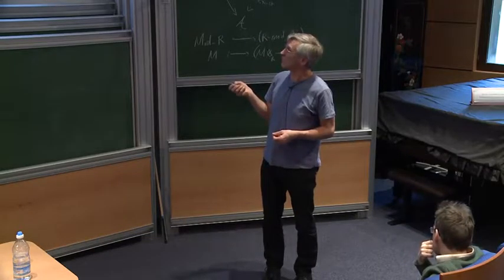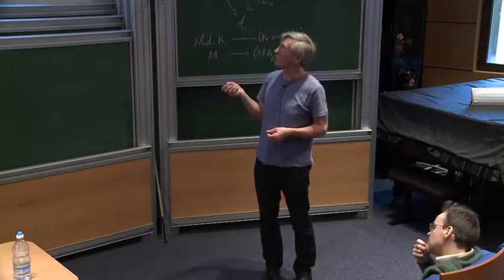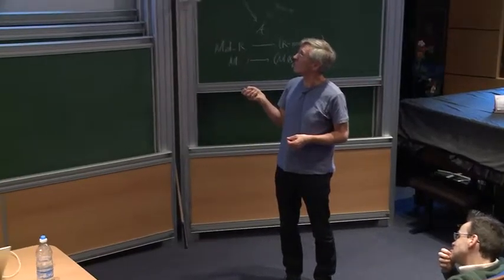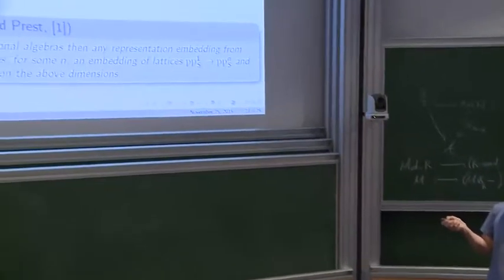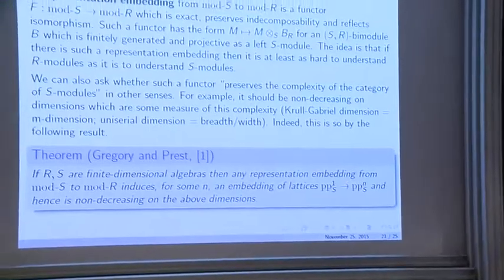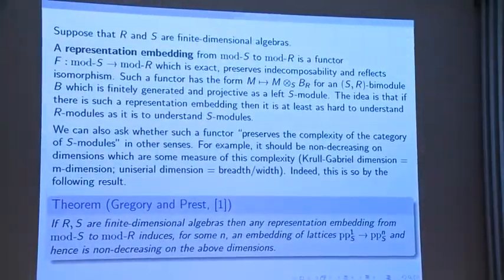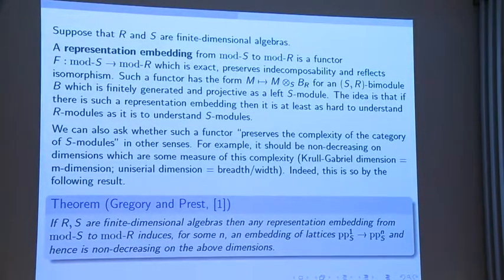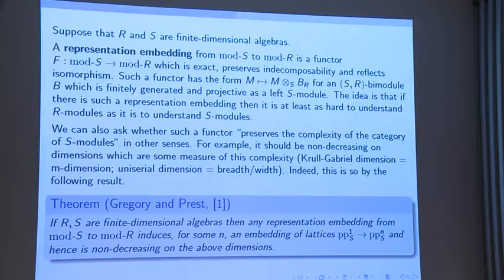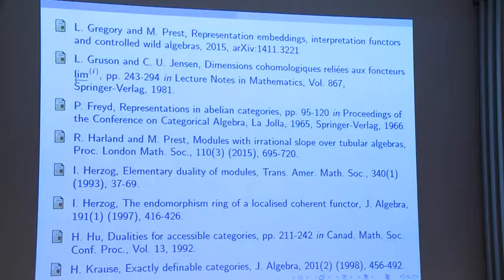Particular cases were known before, but in general, a representation embedding will induce an embedding of the lattices, and hence if you have a representation embedding from mod S to mod R, the Krull-Gabriel dimension of R will be at least that of mod S. Okay, so I think the rest is bibliography, various pages.